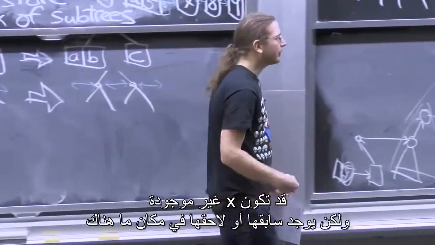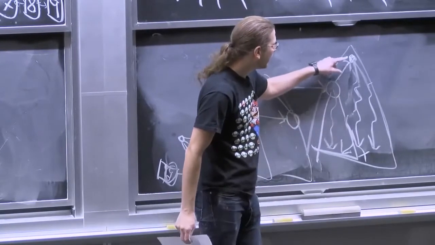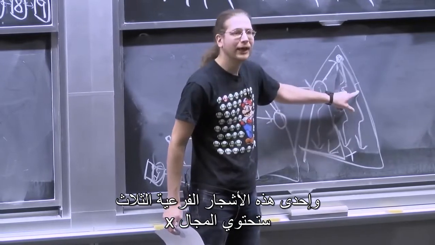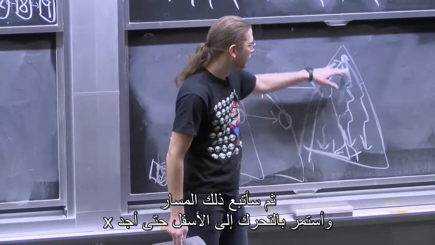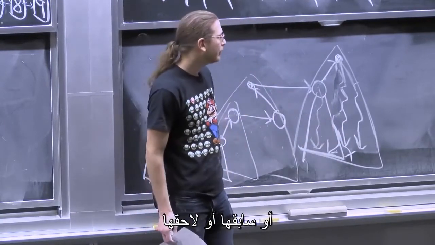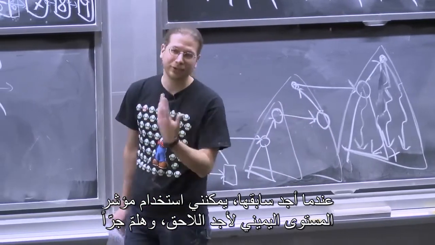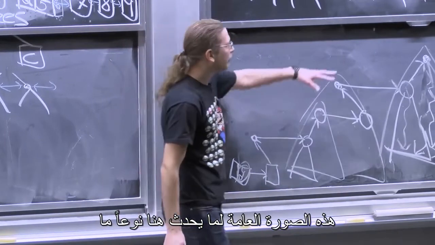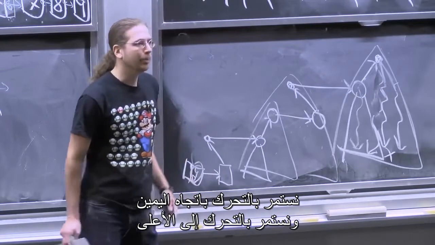It could be x doesn't exist, but its predecessor or successor is in there somewhere. And so one of these 3 subtrees will contain the x range. And then I follow that path and keep going down until I find x or its predecessor or successor. Once I find its predecessor, I can use a level right pointer to find its successor, and so on. So that's kind of the general picture of what's going on. We keep going rightward, and we keep going up.